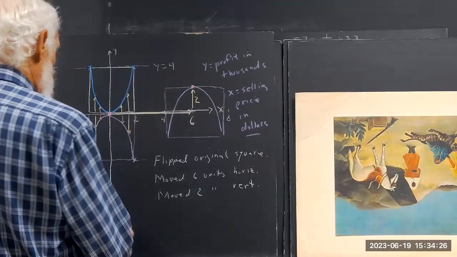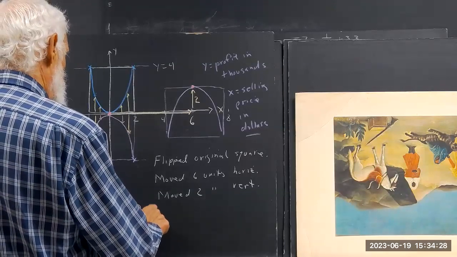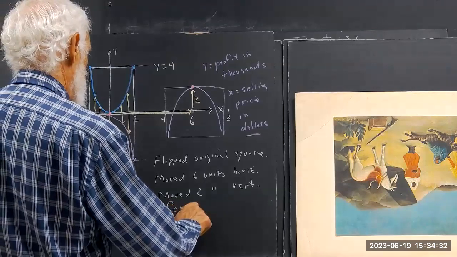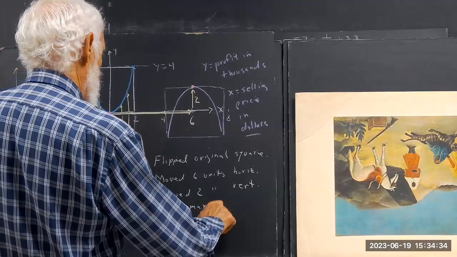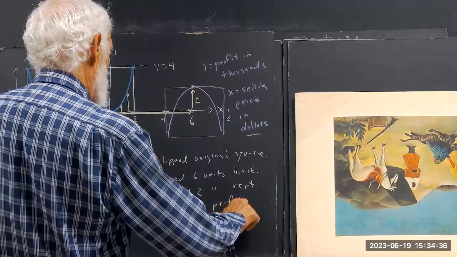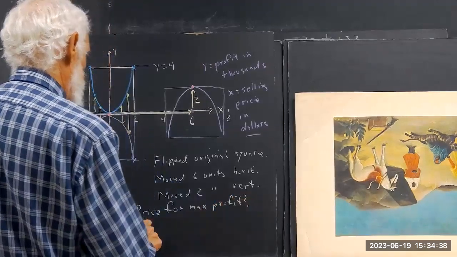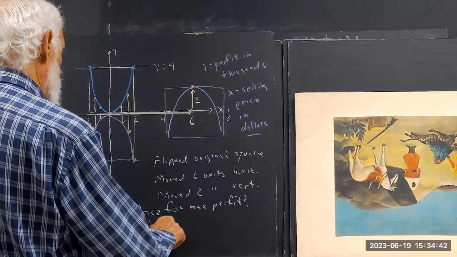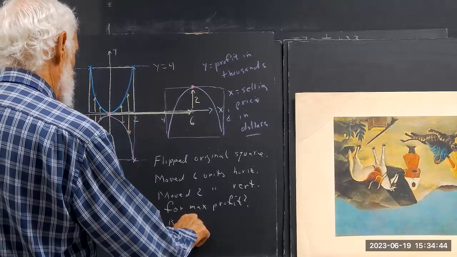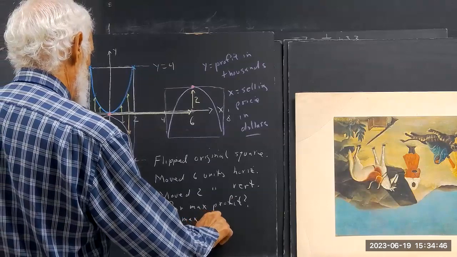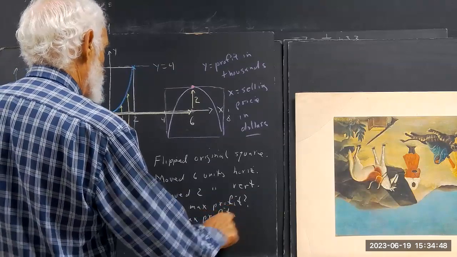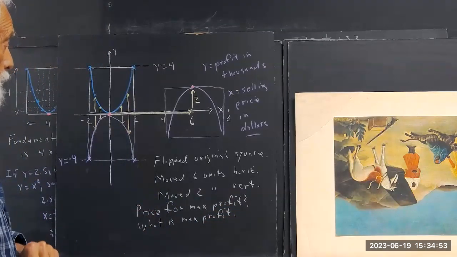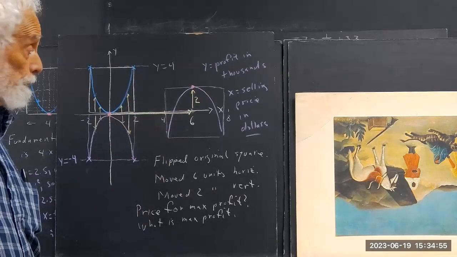So what's the price for maximum profit? What is the maximum profit? In other words, what's the profit when you have that price?